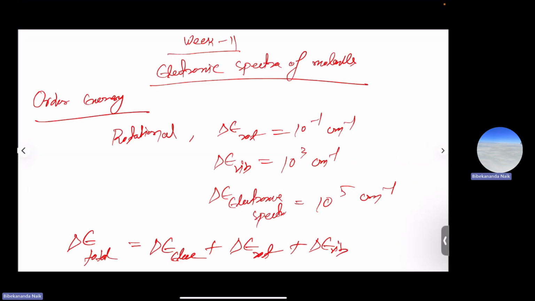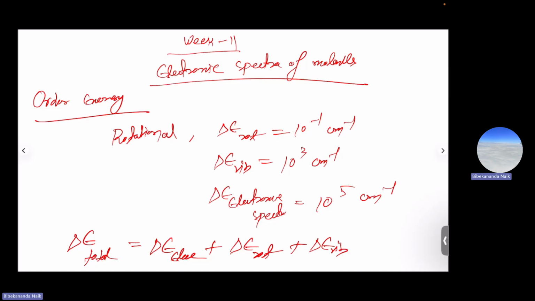We discussed that there are a few molecules that don't show rotational spectra, and a few that don't show vibrational spectra.